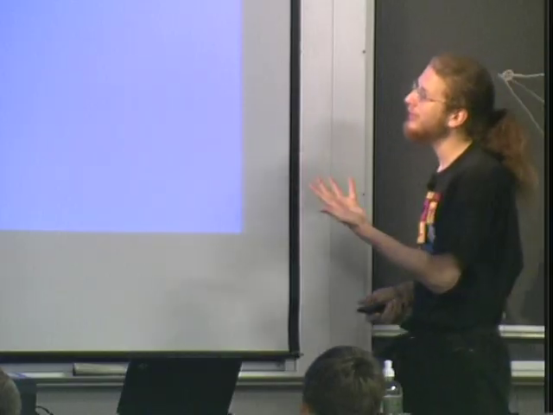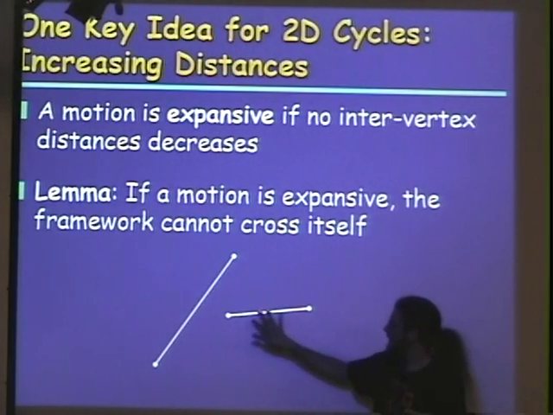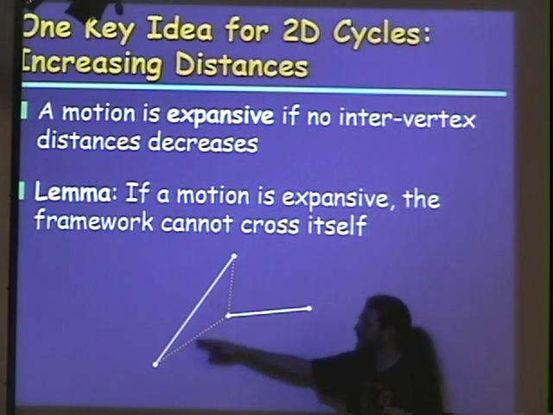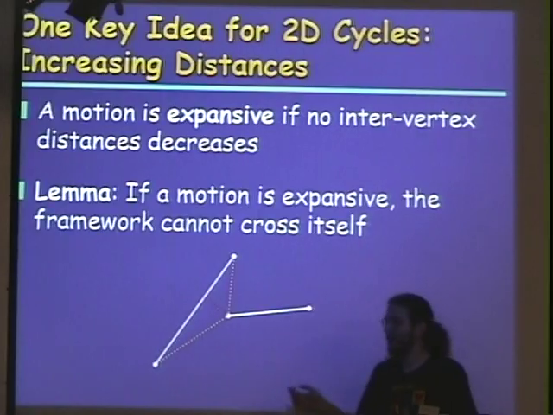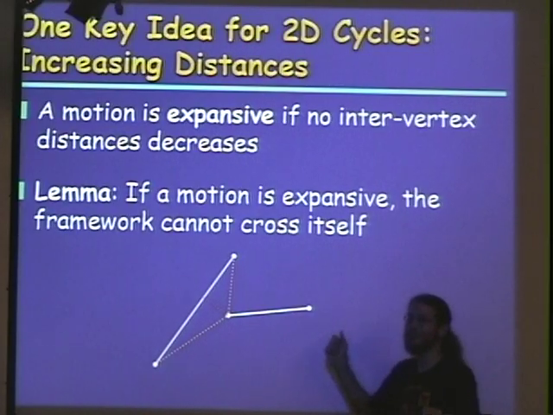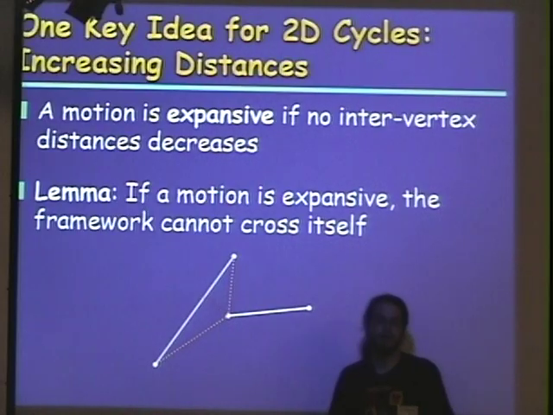So one of the key ideas is to look at expansive motions. This is sort of a reformulation, but it was a big eye-opener somehow. These are just two random bars in your chain. If you constrain that the distance between all pairs of vertices increase, then in fact the distance between any vertex and any bar cannot decrease by the triangle inequality. And so you can never get a vertex crossing a bar.